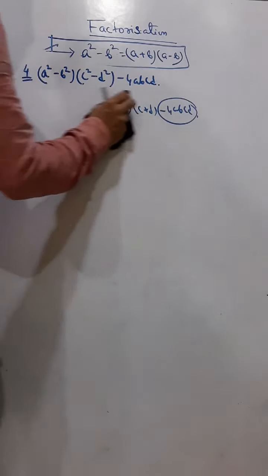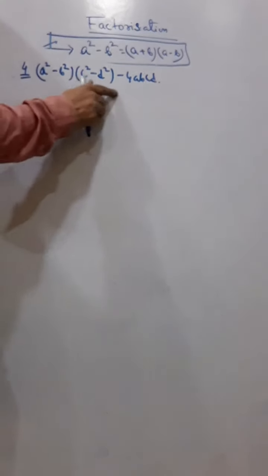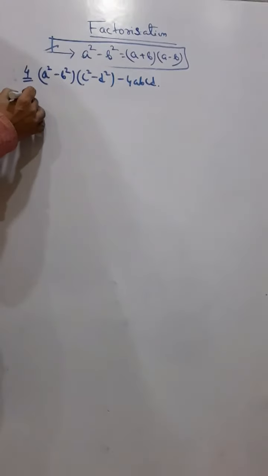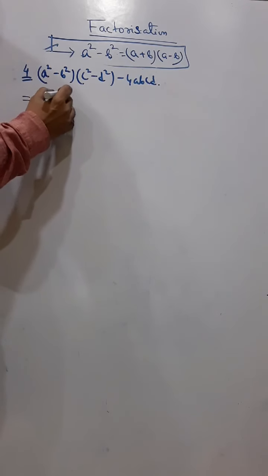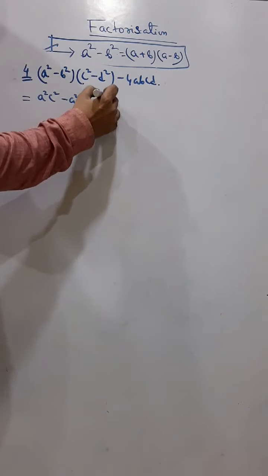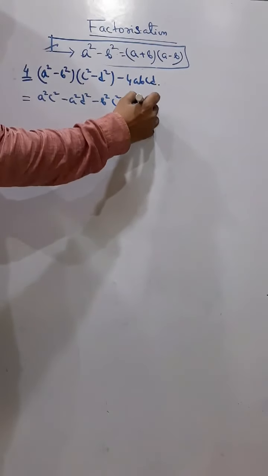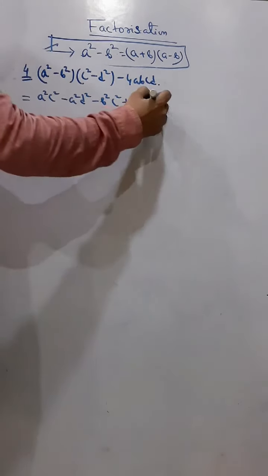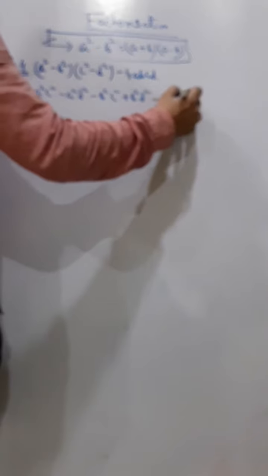In fact, this is a different sum. What we can do, first we will multiply this. So we should see carefully what I get. A squared c square minus a squared d square minus b squared c square plus b square d square minus 4abcd.